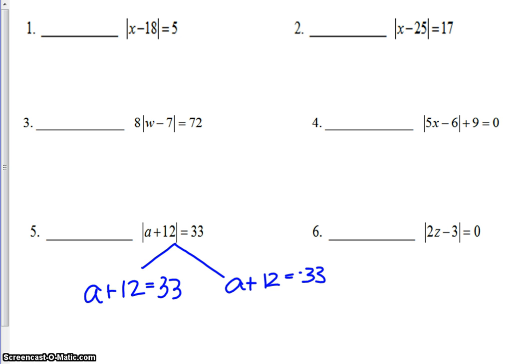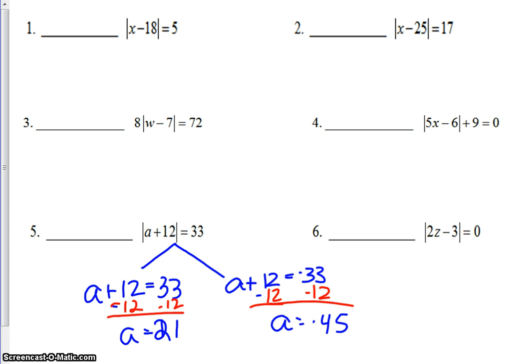So we leave it at a negative. In this case, I'm going to subtract 12 from both sides, and my a would equal 21. There we go, I got my math right there. Subtract 12 from both sides here, and my a would equal -45.